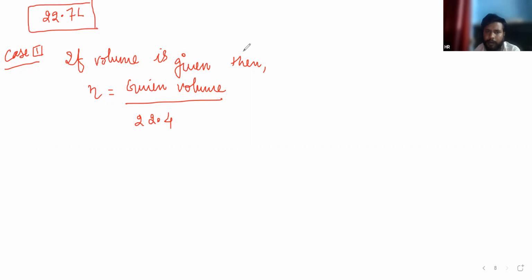You can take whatever you want, 22.4 liter or 22.7 liter. Usually I take this 22.4 liter, given volume upon 22.4 liter.